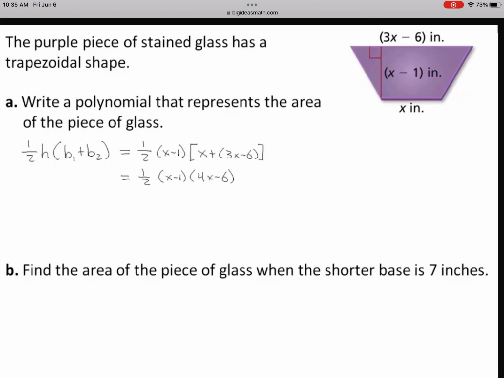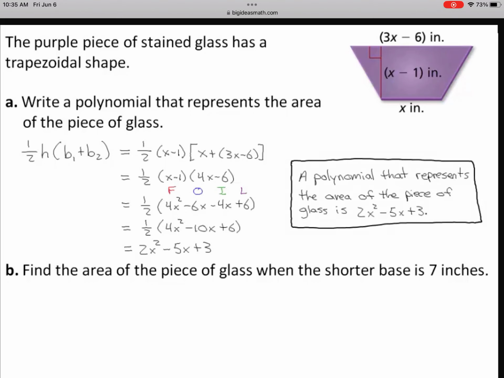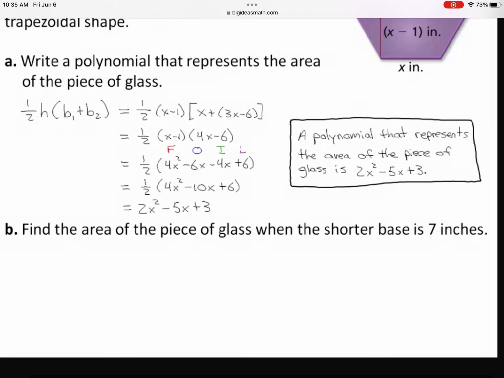Next multiply the binomials using the FOIL method to get 1/2 times the quantity 4x squared minus 6x minus 4x plus 6, which simplifies to 1/2 times the quantity 4x squared minus 10x plus 6. Then use the distributive property to get 2x squared minus 5x plus 3. So a polynomial that represents the area of the piece of glass is 2x squared minus 5x plus 3.